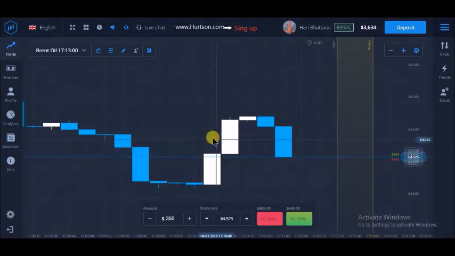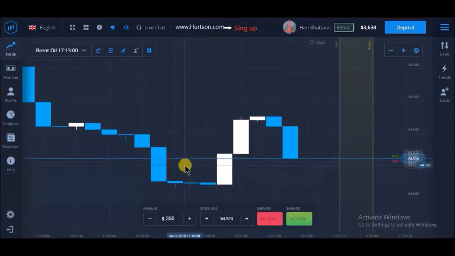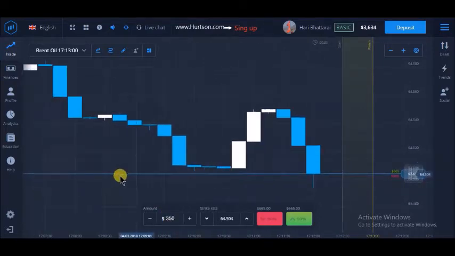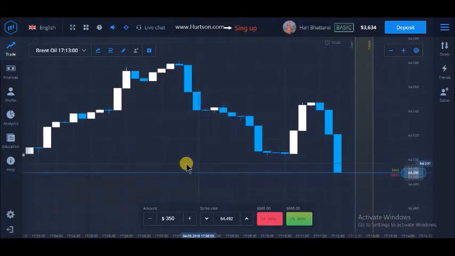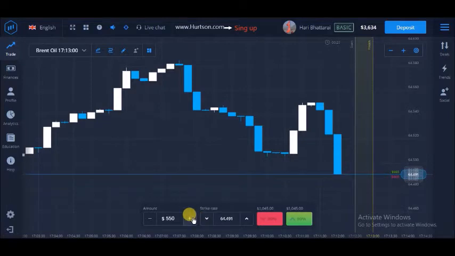Okay, the market is going down. I think it will go down more, so I'll put a put option, and this is 550 USD. Binary option is very easy. You can see I put a trade here as a put option.